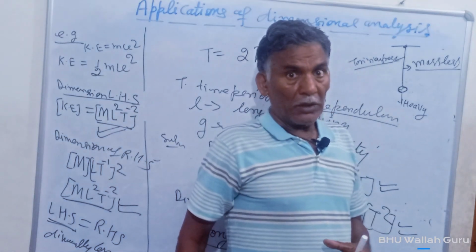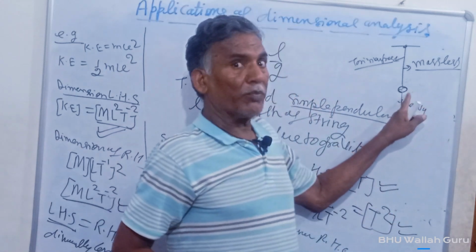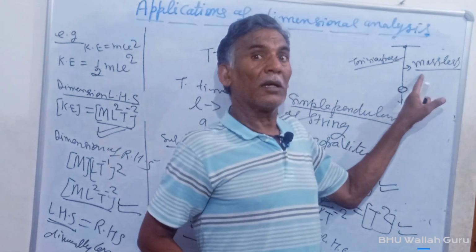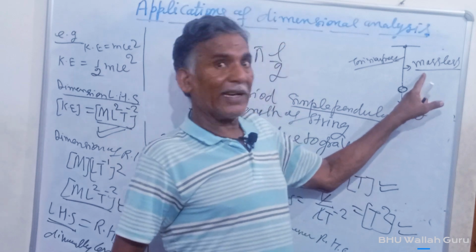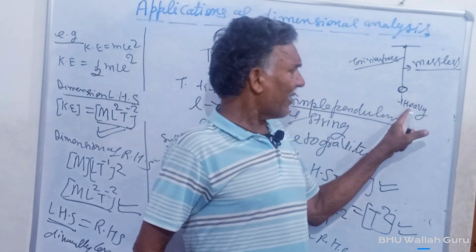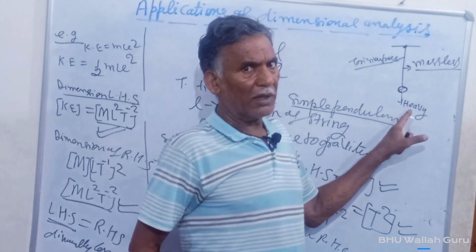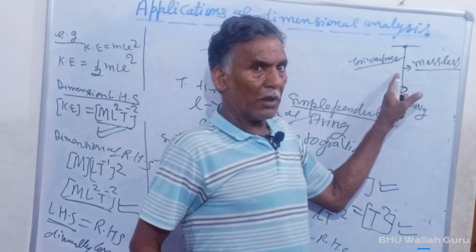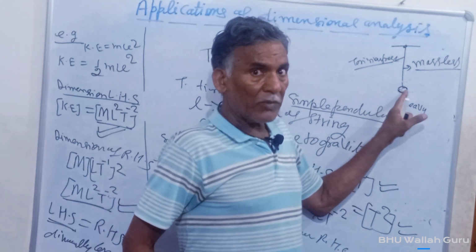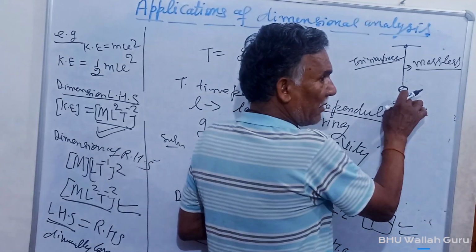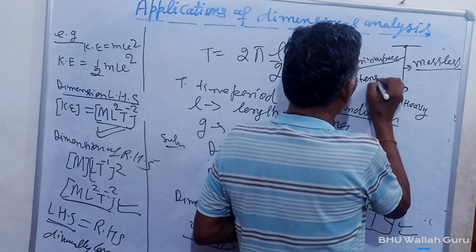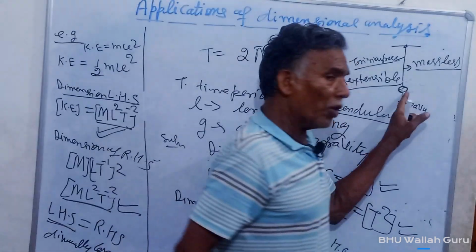In practice, we can't take an ideal simple pendulum, because any thread or string having no mass is impossible. We can take a heavy bob by selecting materials, and torsion free, although each and every string has some torsion, very small. And if the bob is attached with the thread, it should be inextensible, with no change in length.